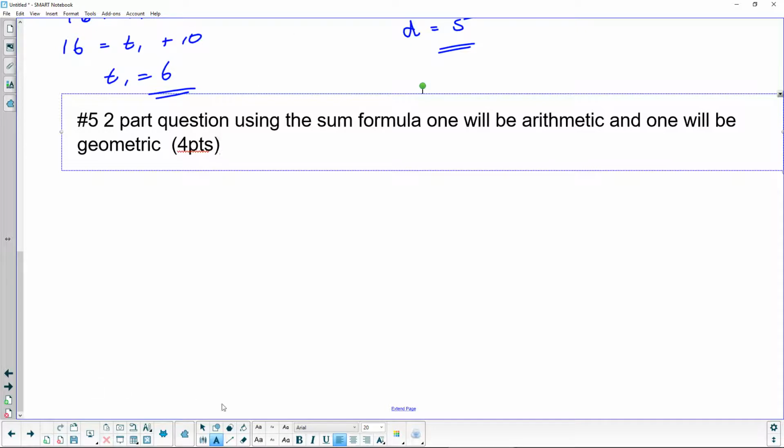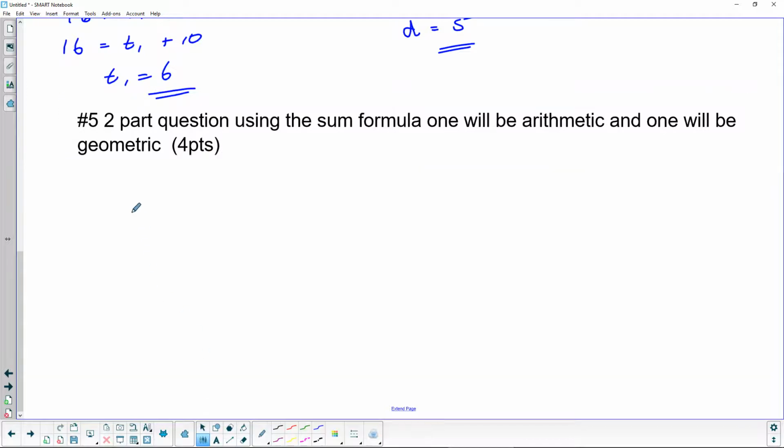Let's say this is my series: 7 plus 16 plus 25 plus dot, dot, dot, all the way up to the 15th term. And it says find the sum.